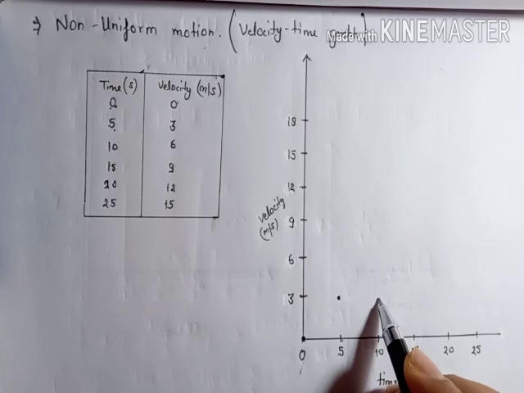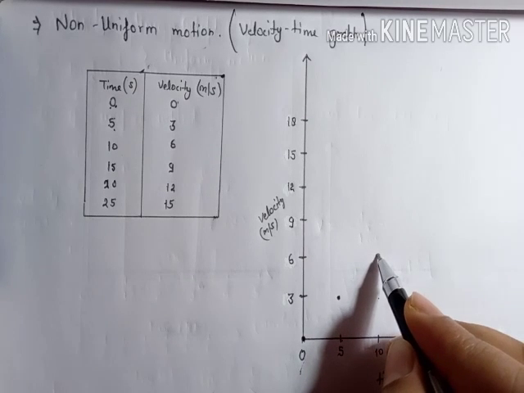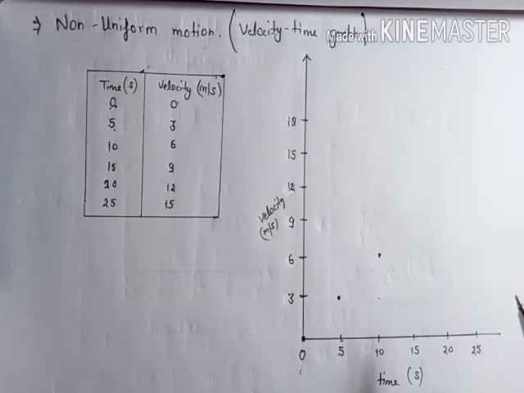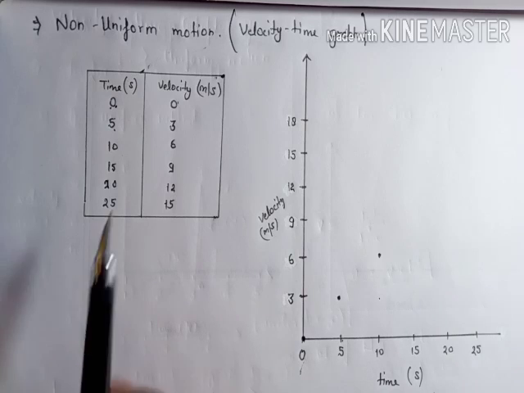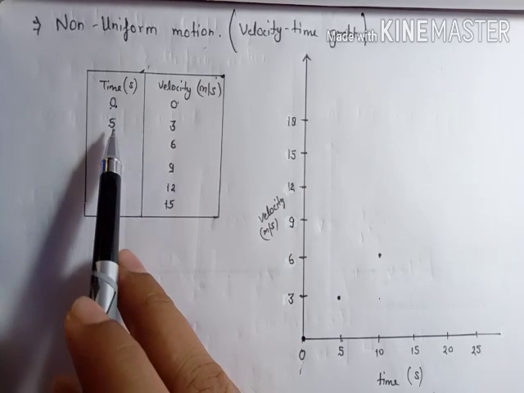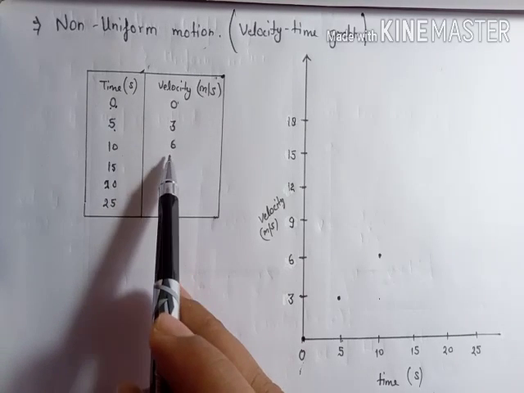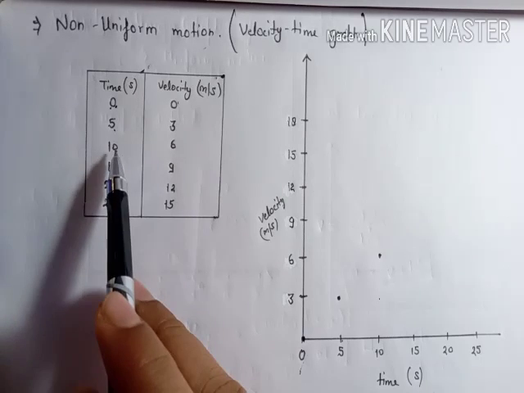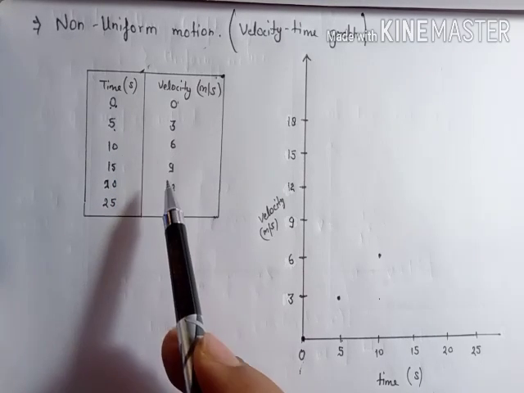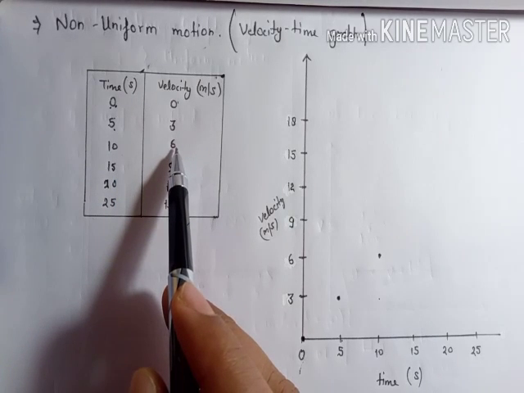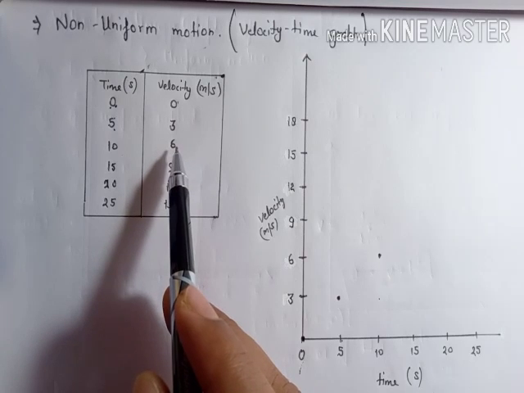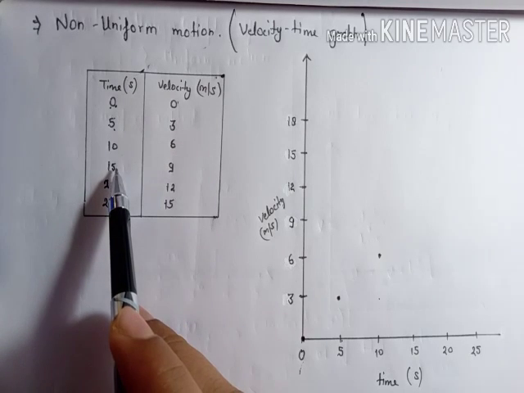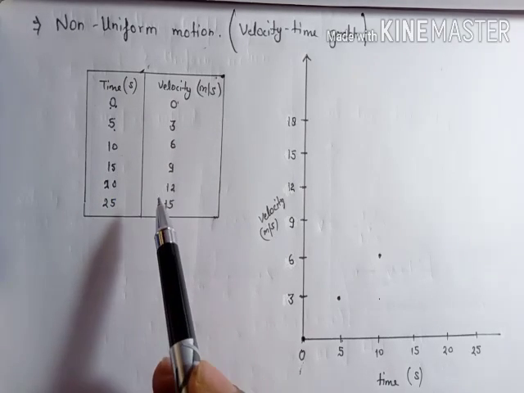Velocity 6 is here. But check one thing: in each 5 seconds, from 5 to 10, the variation is 3 meter per second. From 10 to 15, again the variation is 3 meter per second. And again from 15 to 20, it is 3 meter per second.